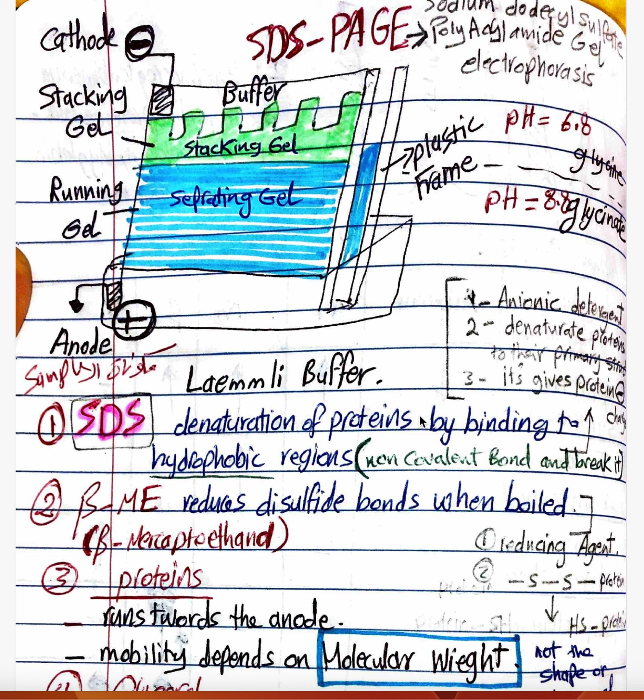And as you can see here, for the SDS-PAGE, the type of gel that we use is polyacrylamide gel. That's why I say PA, because it is polyacrylamide gel. But if we wanted to separate DNA, we use agarose gel.